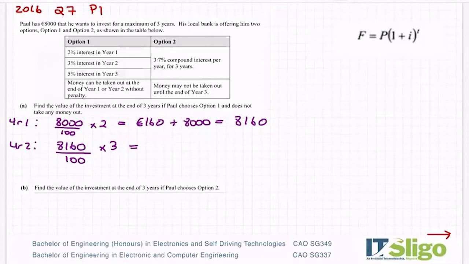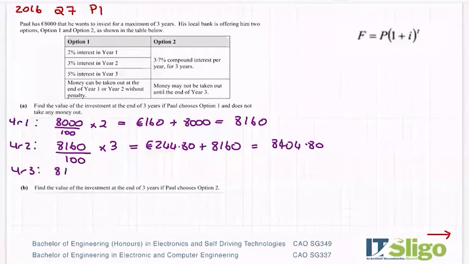I'd multiply by 3 in this case, and I'm getting 244.80. And I add it on to what I started the year with, the 8,160. So 8,404.80.